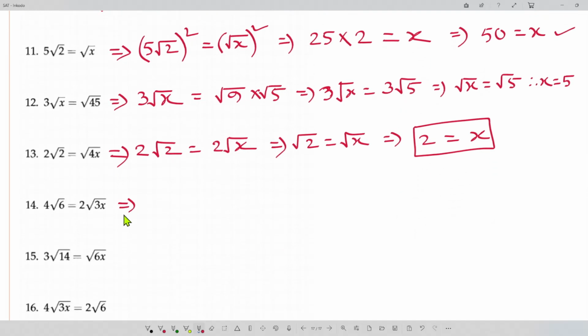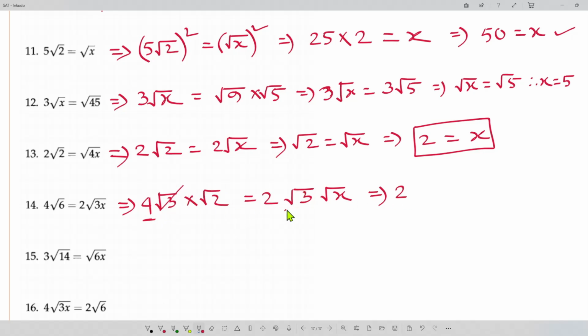How about number 14, 4 root 6 equals 2 root 3x. First we can write 4 root 3 times root 2. Then 2, and here is root 3 and root x. So we can divide both sides by 2 root 3. So here will be 2, right? 4 divided by 2 is 2.